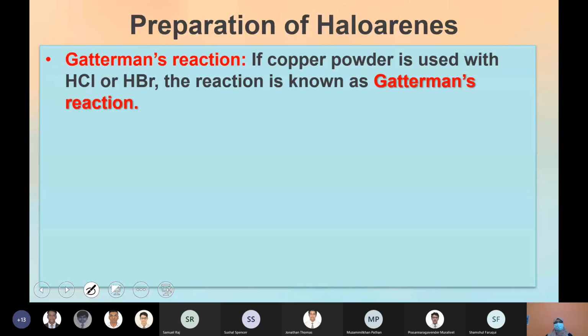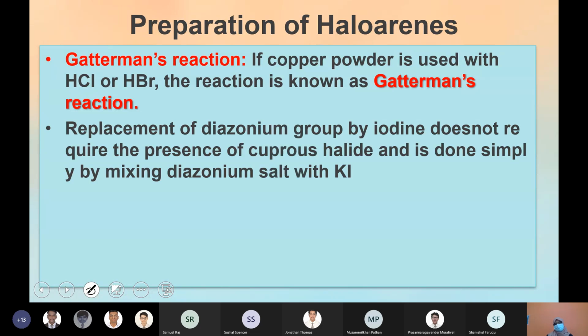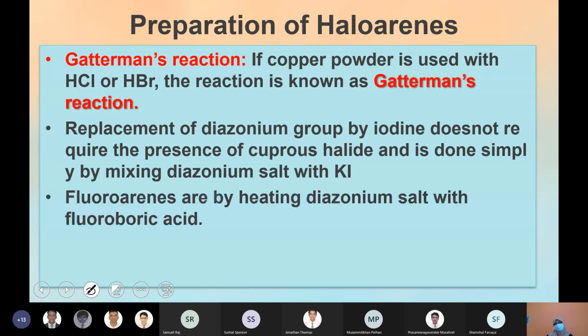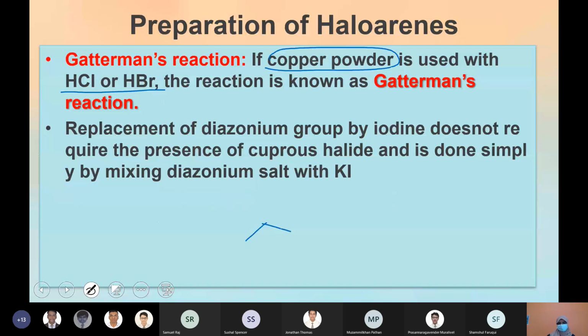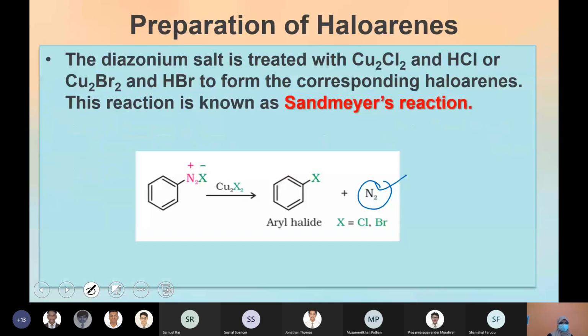The third method is the Gattermann reaction. The same Sandmeyer's reaction can be called the Gattermann reaction if you use copper powder in presence of HCl or HBr. In our previous example, we were using copper halide, right?